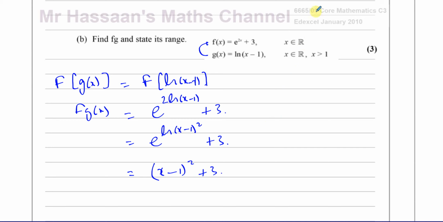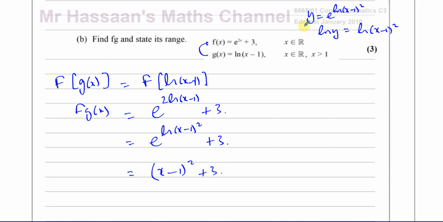For example, if y equals e to the power of ln of x minus 1 squared, and we want to rewrite this in another way, I can take the ln of both sides. On this side I have ln y, and on the other side, ln of e to the power of ln of x minus 1 squared.